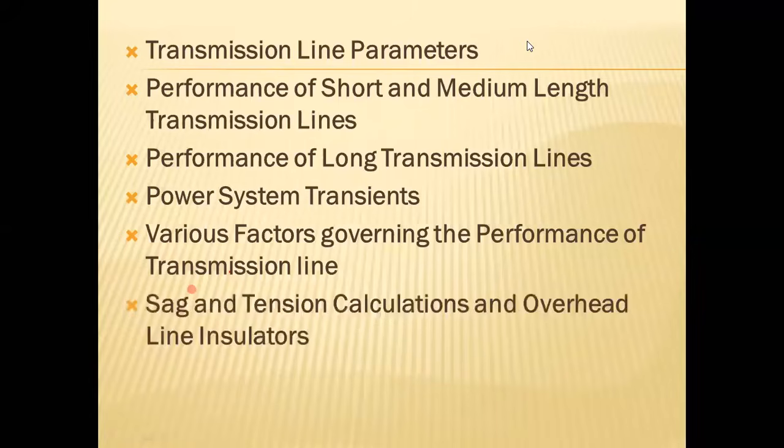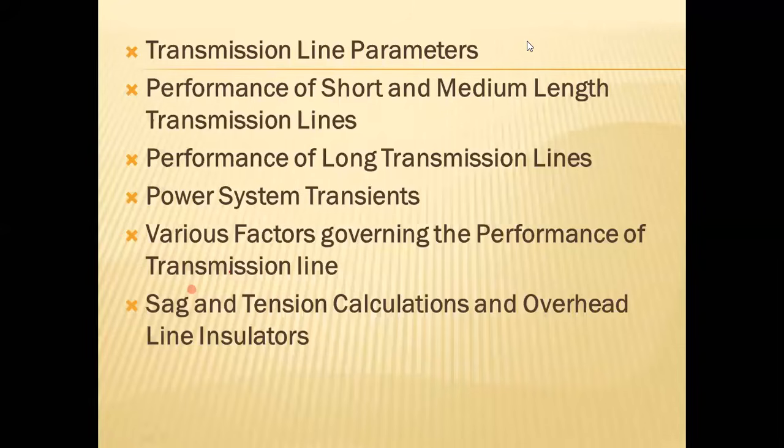And in the last chapter, we'll be discussing sag and tension calculations of overhead lines and overhead line insulators. As I have already mentioned, when a line is suspended between two supports, it will have a sag and it will also experience a tension.